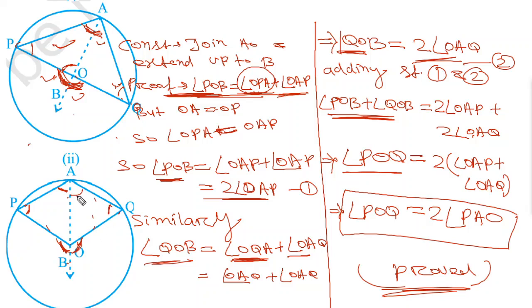Then these two angles will be equal. Here also these two angles are equal, so that it will be proved in this same manner. Okay, and the writing will also be same. So you can write similarly the second case and third case can also be proved. Okay, now we don't need to prove the second case and third case separately. So this is the proof of this theorem.